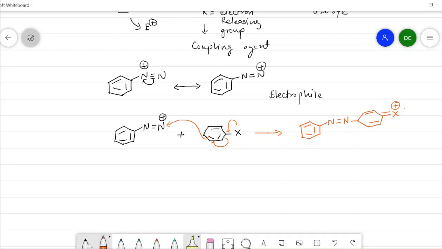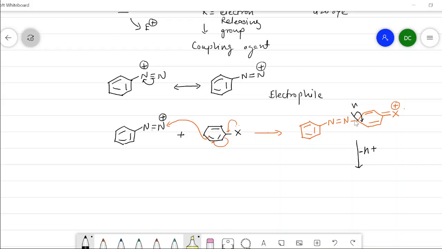Look here, there is one hydrogen, and in the next step there is a deprotonation, in which this hydrogen is removed as an H plus ion, minus H plus.